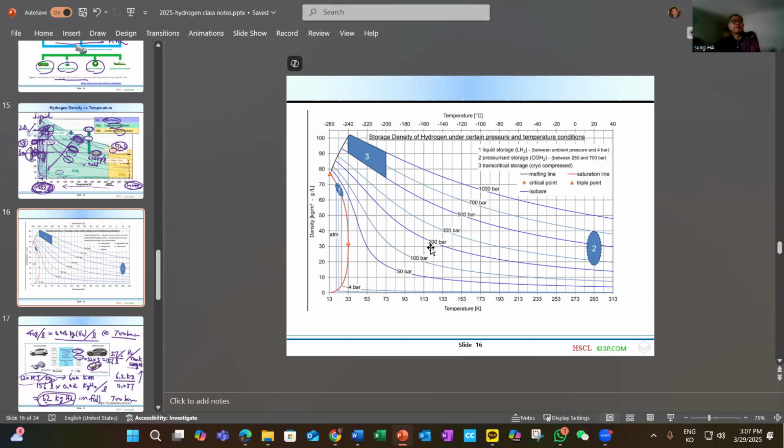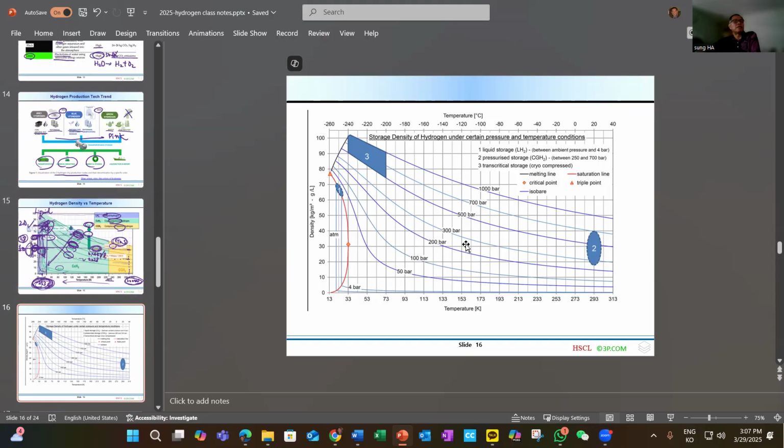Okay, so understanding this phase change of hydrogen is important. So this figure gives us why the storage is so important, and also distribution through the pipeline.